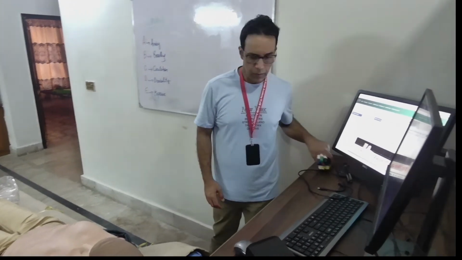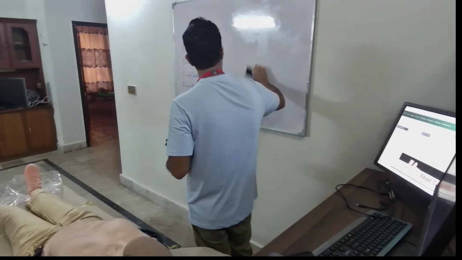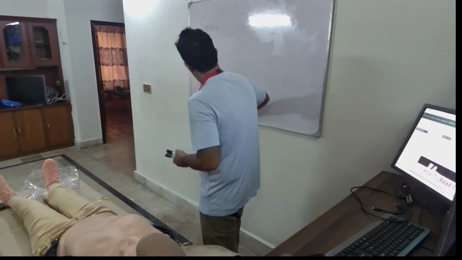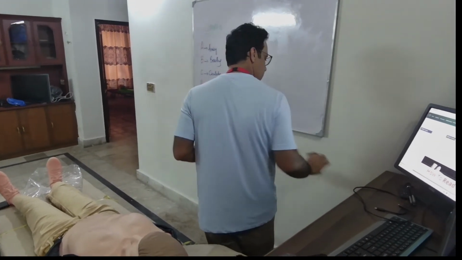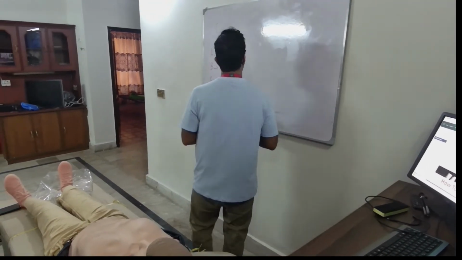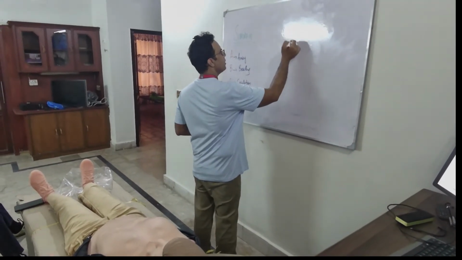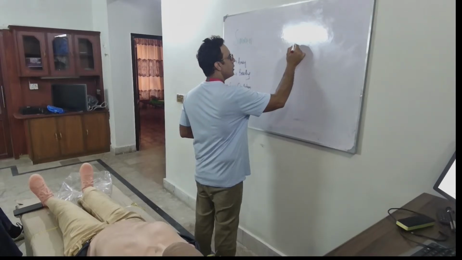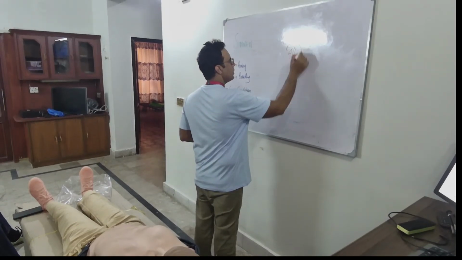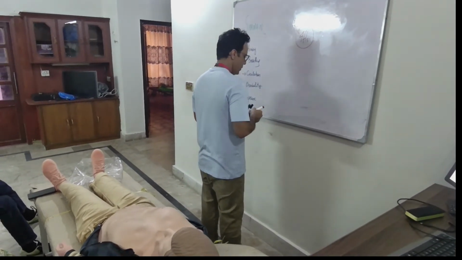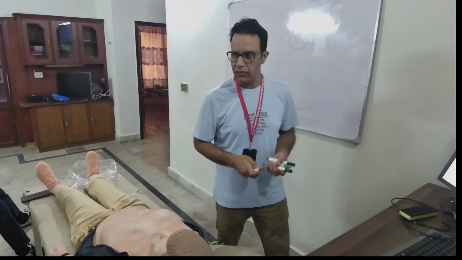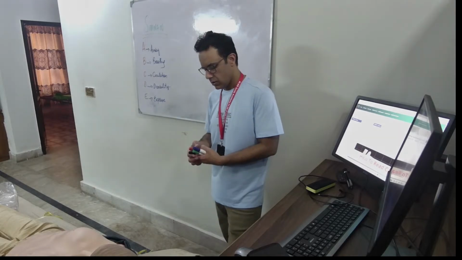Okay? To make it easy, the Resuscitation Council has given 4 H's and 4 P's. I want you to help me with this. What are the 4 H's and 4 P's?